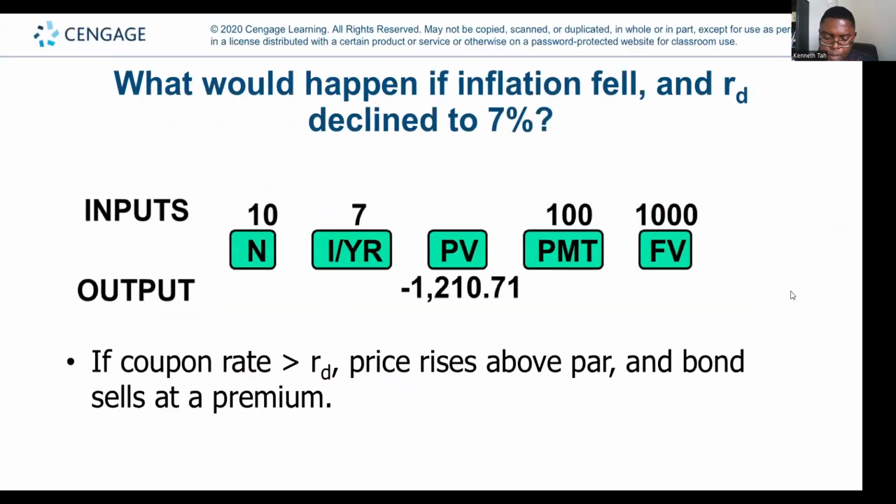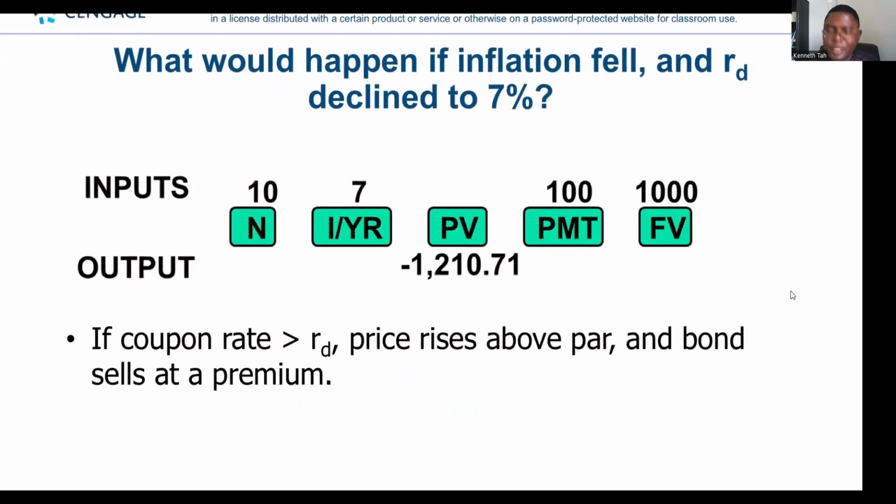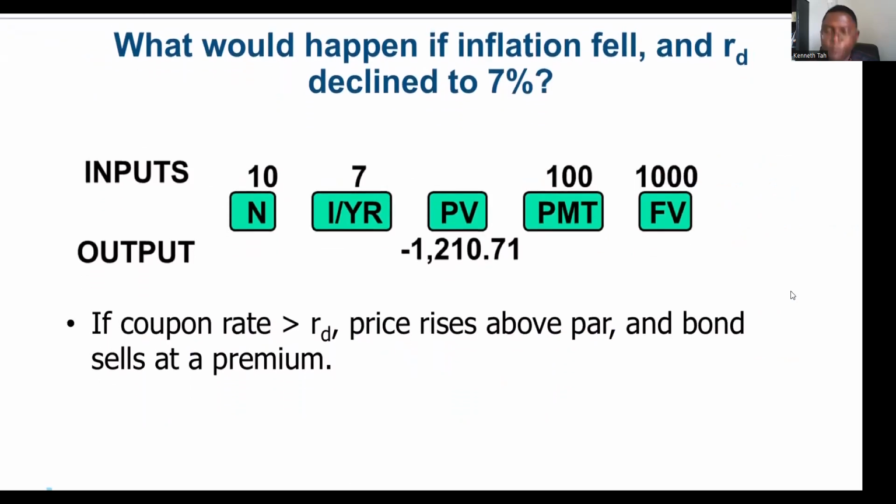All right. Let's look at the case in which the yield to maturity falls. If the yield to maturity declines to 7%, and we do the same thing, compute present value, we'll find that the bond value is 1,210.71, which is a premium bond.